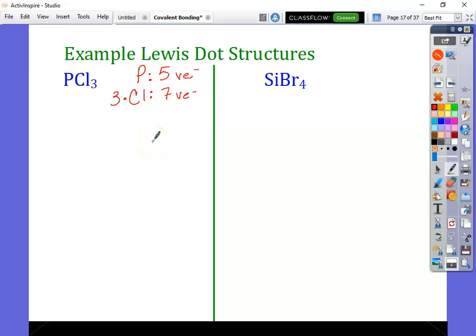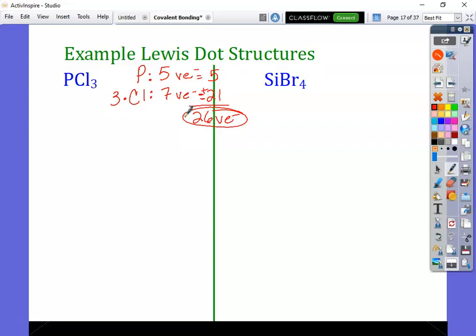So when we add up our total number of valence electrons, we get 5 from phosphorus, and then we get 3 times 7, which makes 21 total electrons from our 3 chlorine atoms. Now we're going to add these up. 5 plus 21 is 26 total valence electrons. So when I'm done making my Lewis structure, I should see 26 valence electrons.